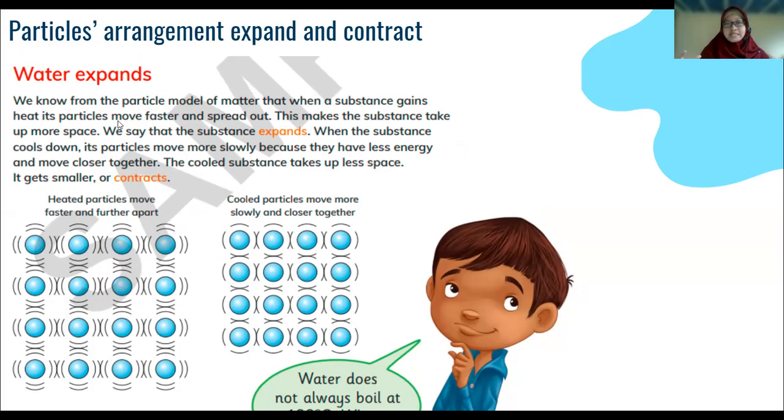When the temperature is rising, the water particles expand. But when the temperature is decreasing, the water particles contract, getting close to each other. You can read this one. It's in your learner's book.